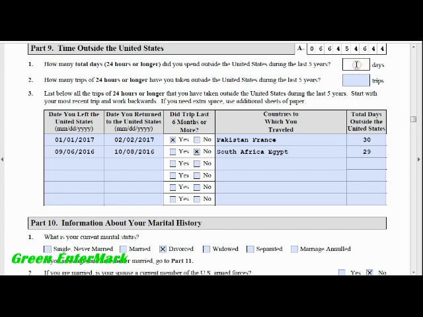You have to mention the total days, just like I mentioned 59 days outside. How many trips of 24 hours or longer have you taken outside the United States during the last 5 years? 2 trips.